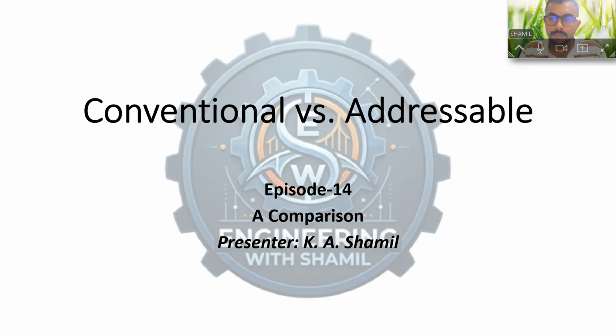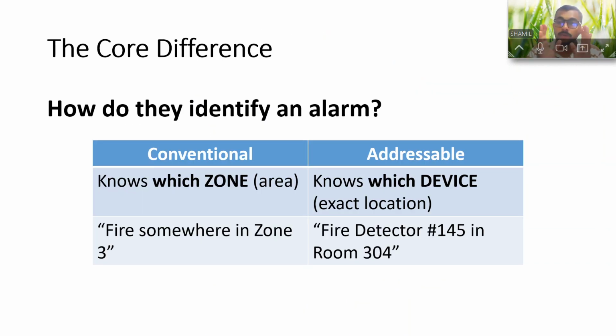The first thing you need to understand is the core difference between the conventional system and the addressable system. The core difference lies in how the systems identify an alarm. In a conventional system, when an alarm gets activated, as I said in my previous videos, the system does not give you the exact location, but rather it will inform you which particular zone is in fire condition.